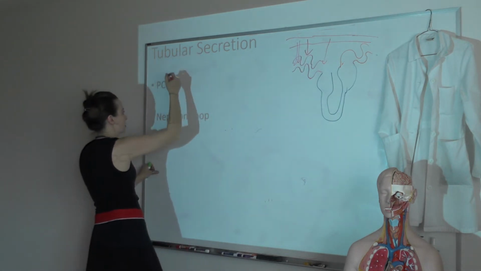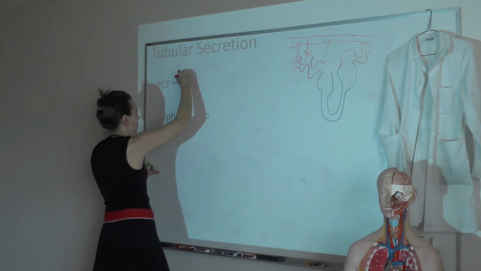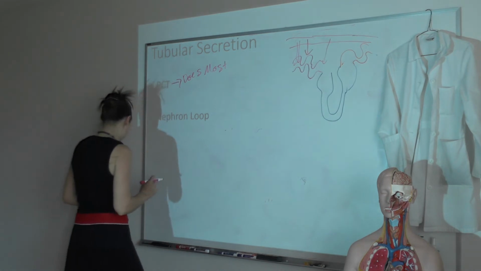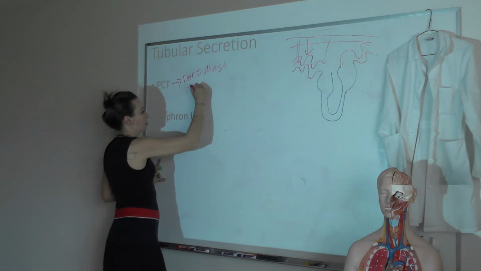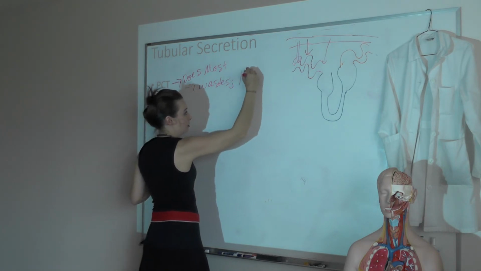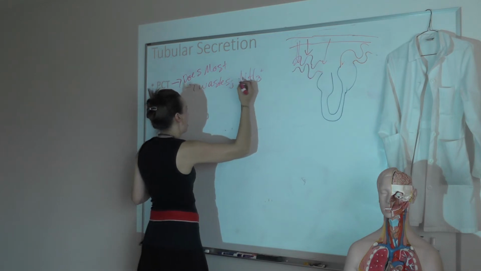So for tubular secretion in the proximal convoluted tubule, we'll say this is going to do most of the tubular secretion. Things that we're going to secrete here are going to be our wastes. What are our wastes? Like ammonia. I think that's NH3+.